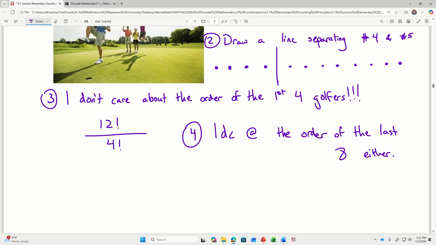If the first 4 are the same, but the last 8 can mix around and be in any order they want, I don't care about that either. How many copies of what are essentially the same permutation do I get where the last 8 are shuffled around?